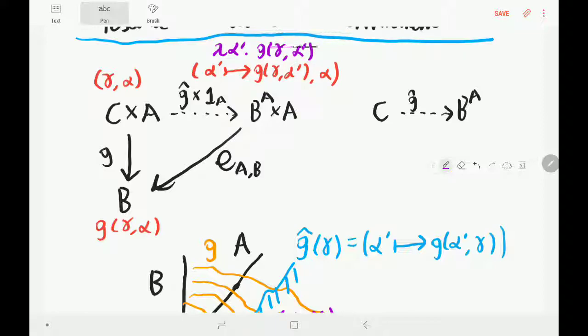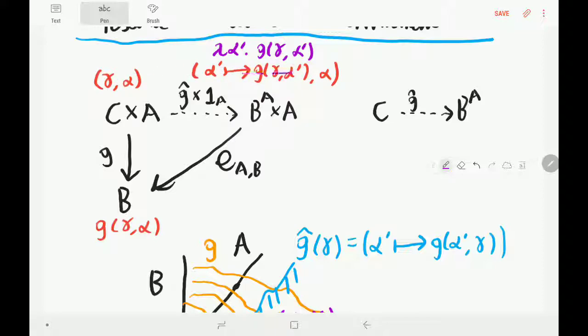Okay. Now, what happens when we do this G-cap times identity here is that we replace this gamma with this kind of function, which is waiting for alpha inputs, and then it's going to do G using that input and using this gamma, which it's now holding fixed because it got it from here.